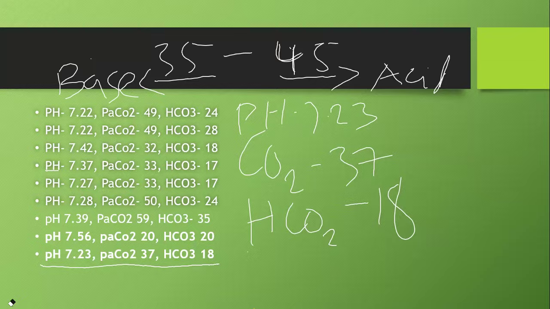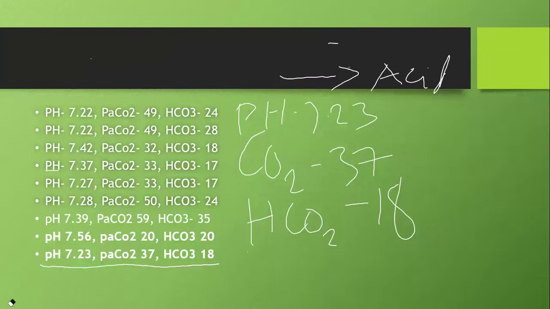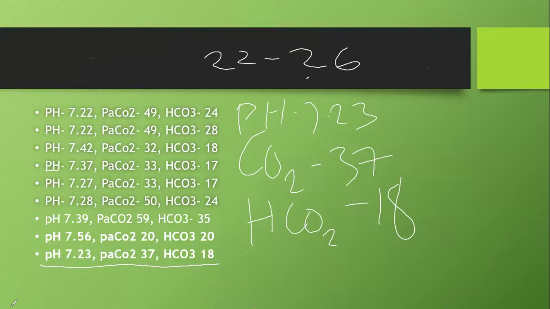And then the last one will be bicarbonate. Normal bicarbonate, for the purpose of the NCLEX, we are taking 22 to 26. Bicarbonate is also considered as a base or alkaline itself.